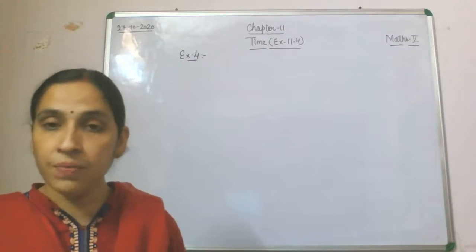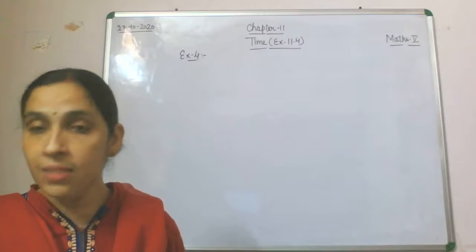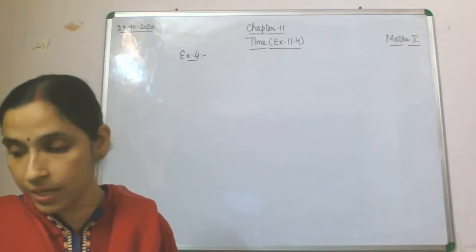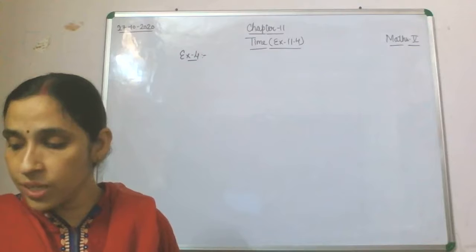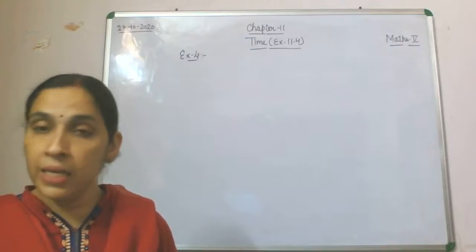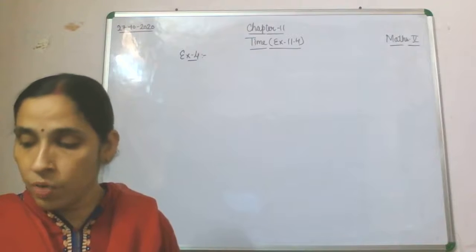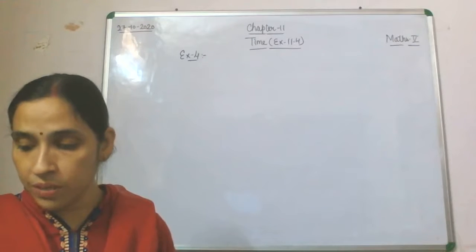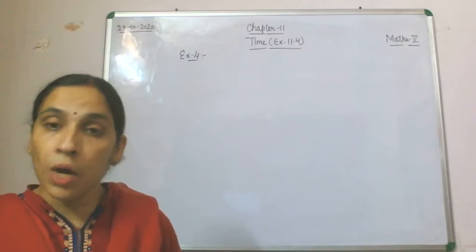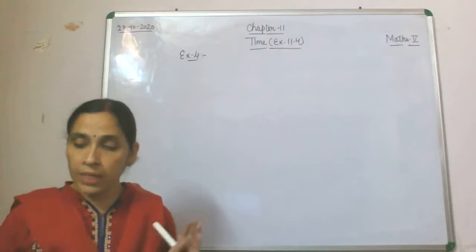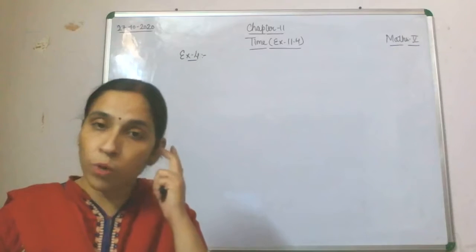A train leaves Delhi at 6:10 am on Saturday and reaches Ahmedabad at 11:15 am on Sunday. Now find the duration of the journey. Now here, on a particular day, what is the duration?